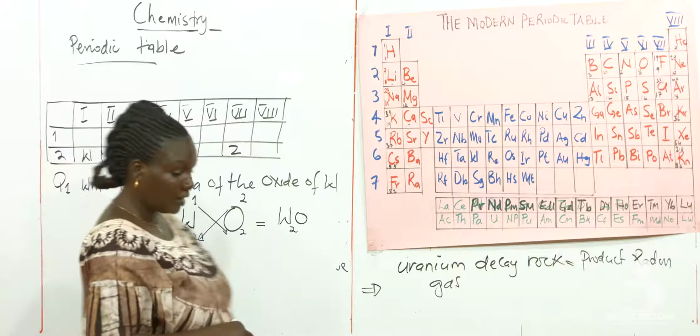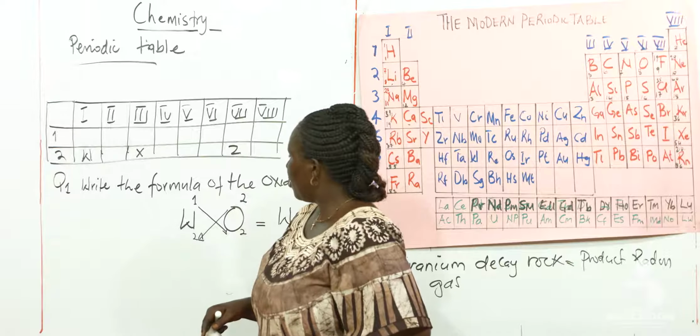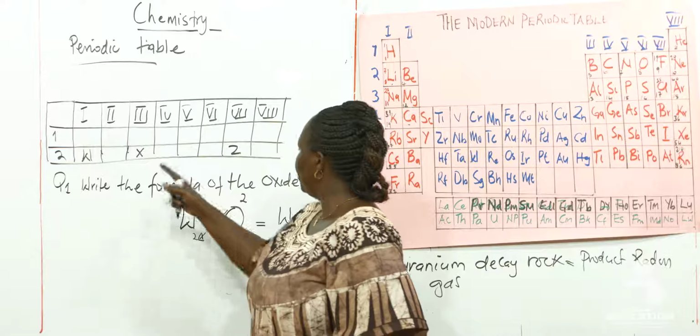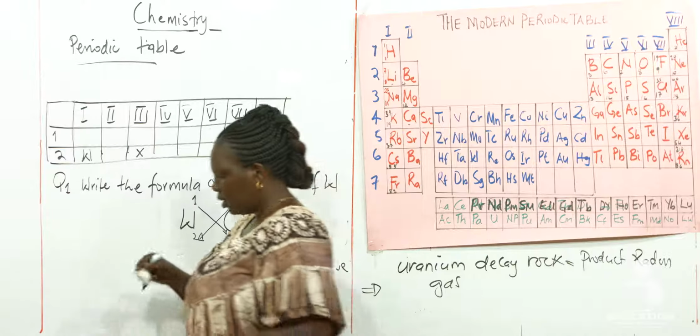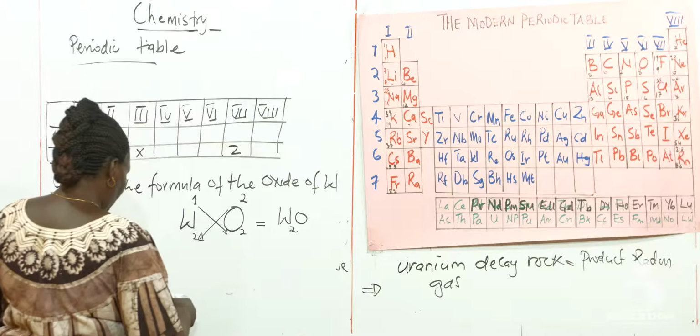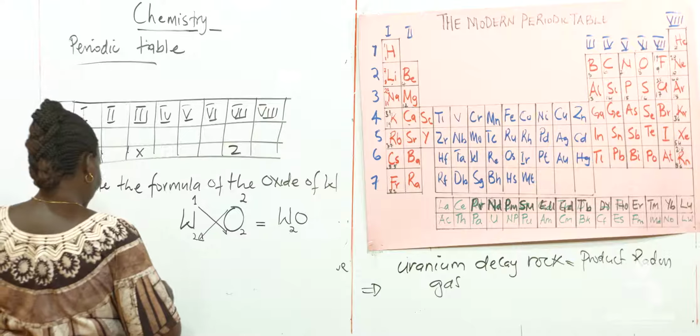So this is the oxide that will be formed when W reacts with oxygen. Then question number 2 is write the formula of the compound formed when X reacts with Z.